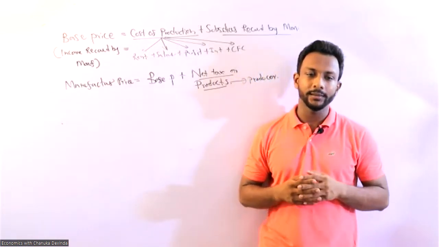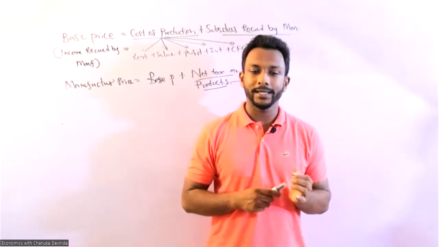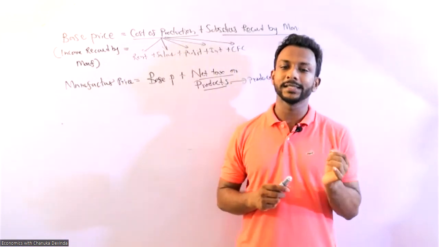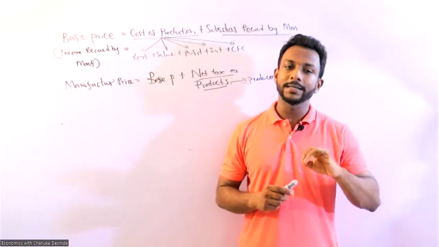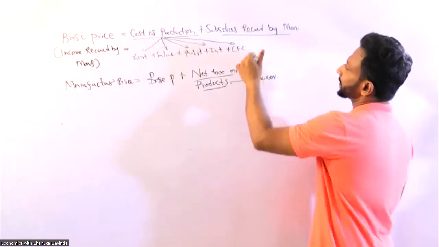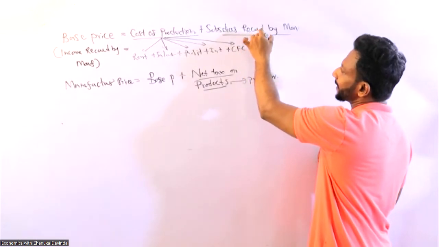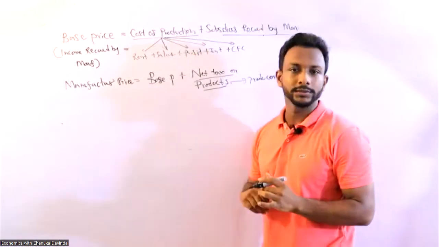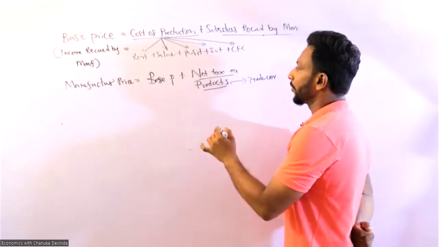So let's read the point. Manufacturer's price refers to the value of goods and services after deducting subsidies received by the manufacturer. I told you subsidies received by the manufacturer are included in the base price, right? So now what are they going to do?